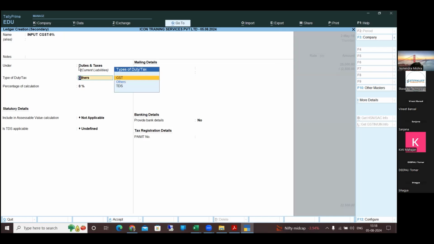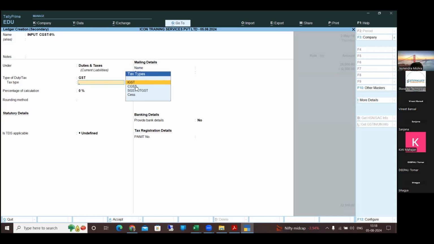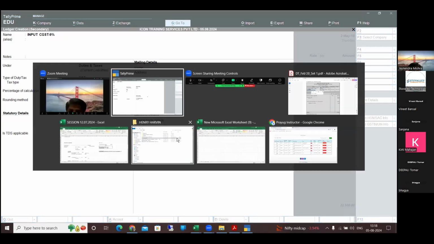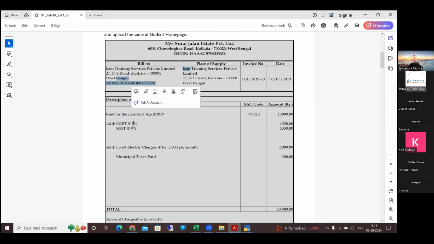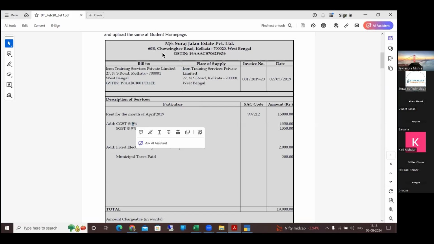And this is GST, that's why CGST. Rate of CGST, look at the invoice, rate of CGST is 9%.